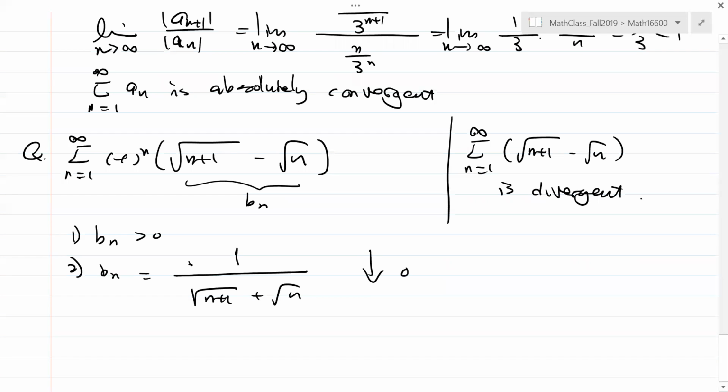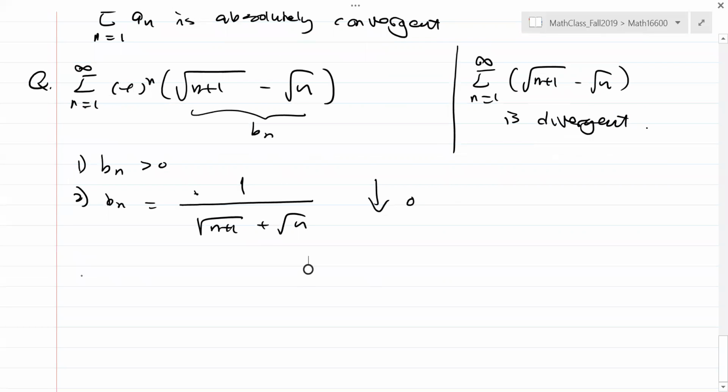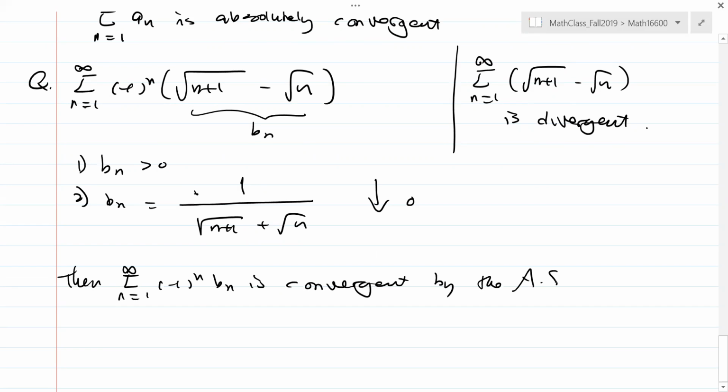Decreasing is clear because the denominator is increasing. And converging to 0 is also clear because the denominator approaches infinity. So that's it. Then this series is convergent by the alternating series test.